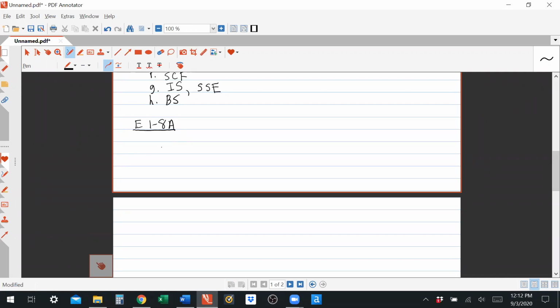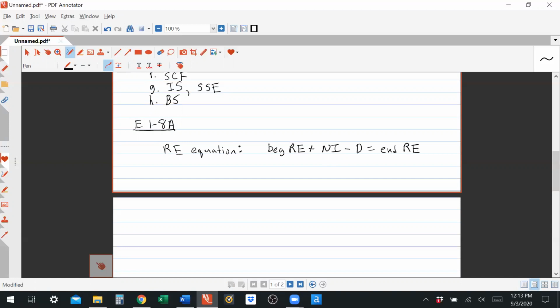So use the retained earnings equation, which is what, you might wonder? Well, it's just the beginning retained earnings plus net income, or plus net loss if this is a negative number, minus dividends equals ending retained earnings.